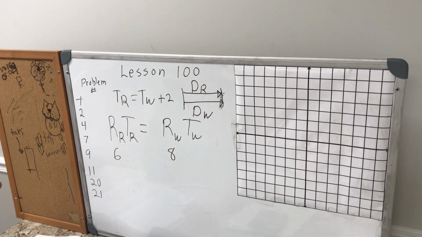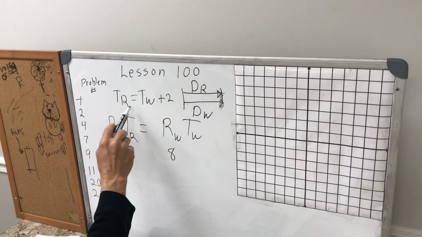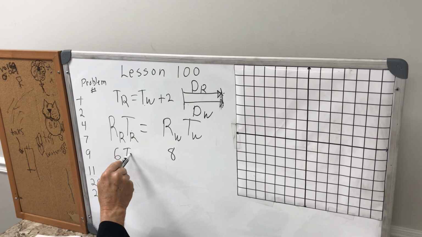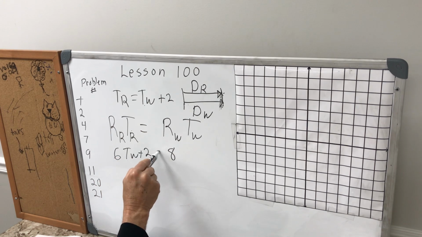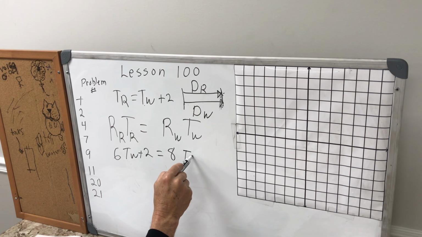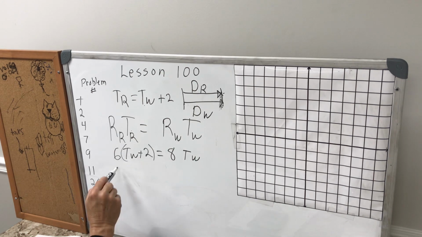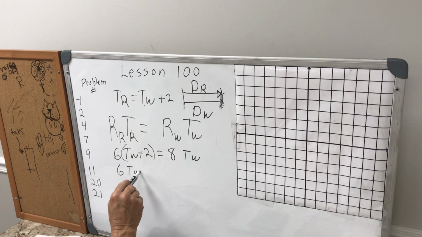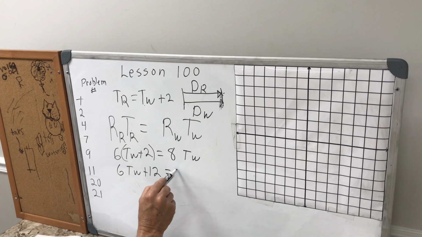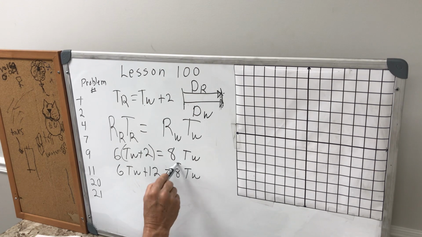Is that right? So now I have TR right here is actually TW plus 2 equals 8TW. Do the distributive property. I have 6TW plus 12 equals 8TW.